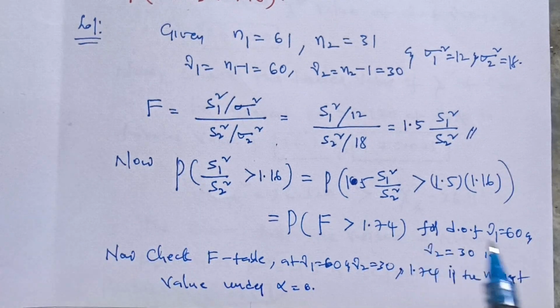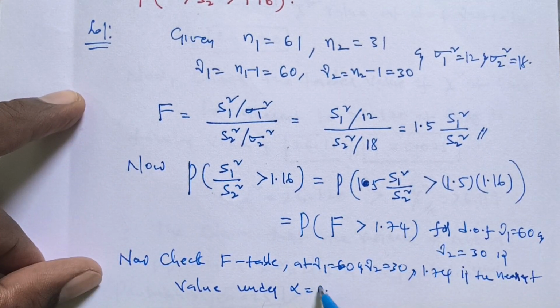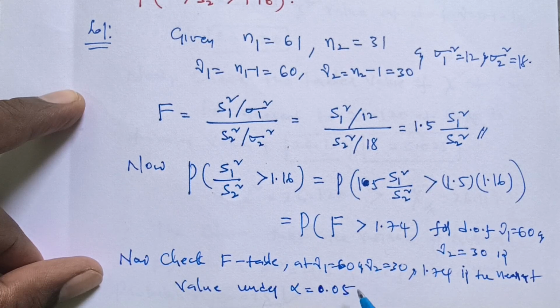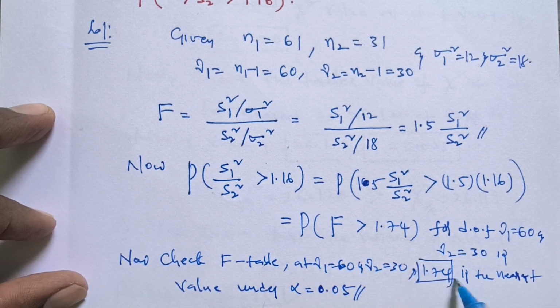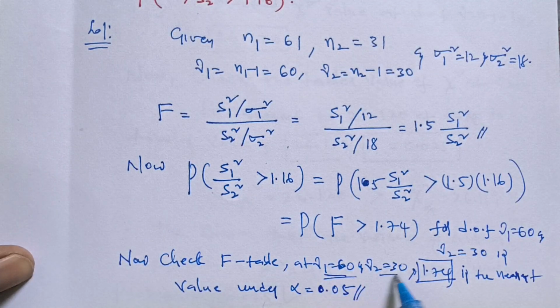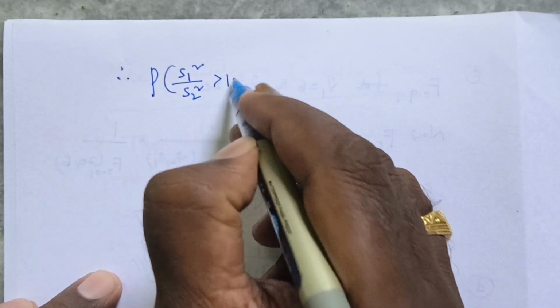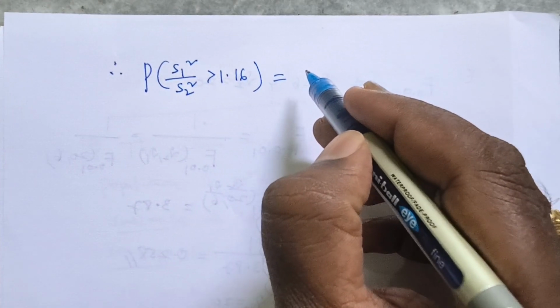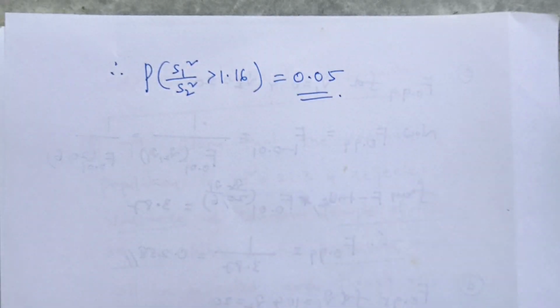So alpha, that is the probability value, is 0.05. So under the F 0.05 distribution table we have the value 1.74. Therefore the probability of S1 square by S2 square greater than 1.16 is equal to 0.05.